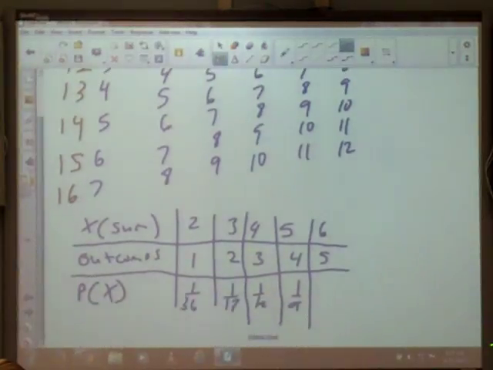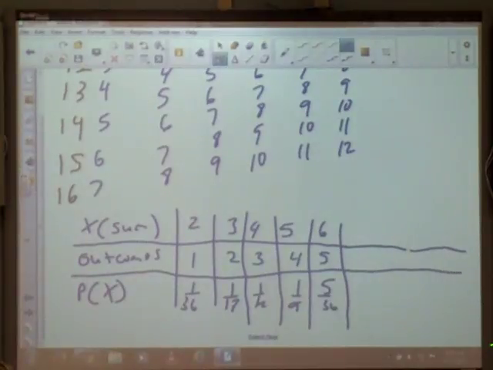And 5 out of 36 doesn't reduce. I hope we get one like that. Well, we're not done, sweetie, but yeah, that'd be nice. All right, how many 7's do we have? 6 out of 36 is 1/6.